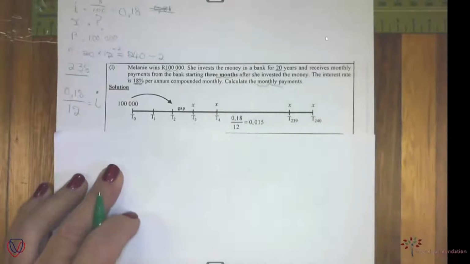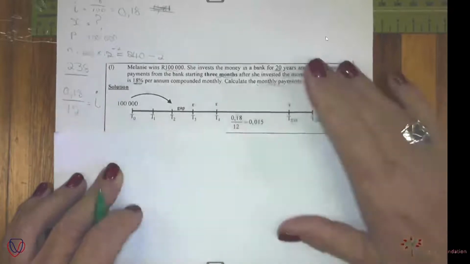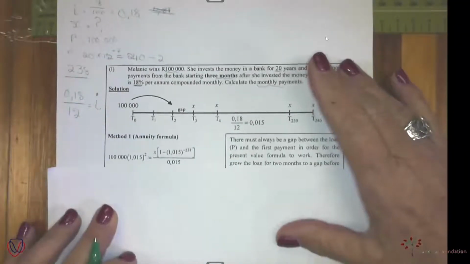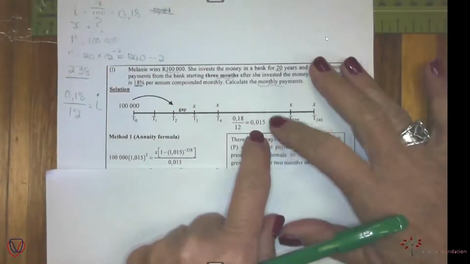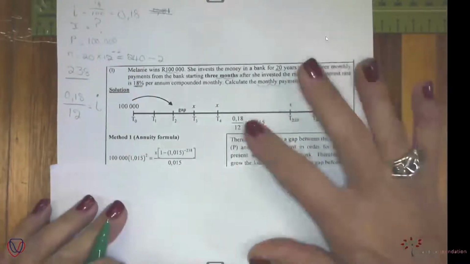We multiplied it by 12. But then you must divide your I. It's always two things that you do. You multiply the N, you divide the I. Because that is per annum, but I'm going to determine this per month. And that will be the interest rate per month. And that interest rate per month is going to be 0.015 if I divide those two.